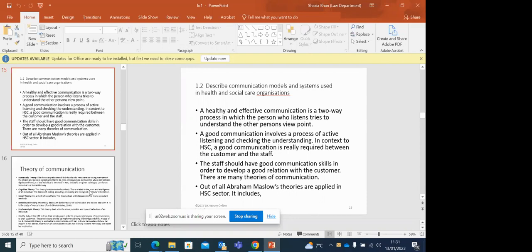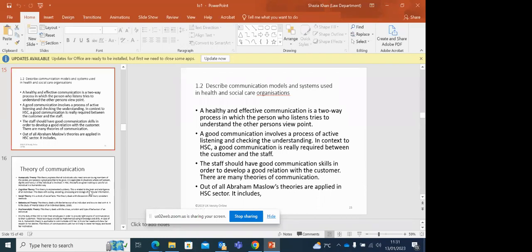Why do you think it's so important for the person to listen and understand the other person's views? So you'll be able to give accurate reports. Yeah, and you're able to take on board what the person's feeling as well, aren't you? You're able to identify what they're trying to get across to you.